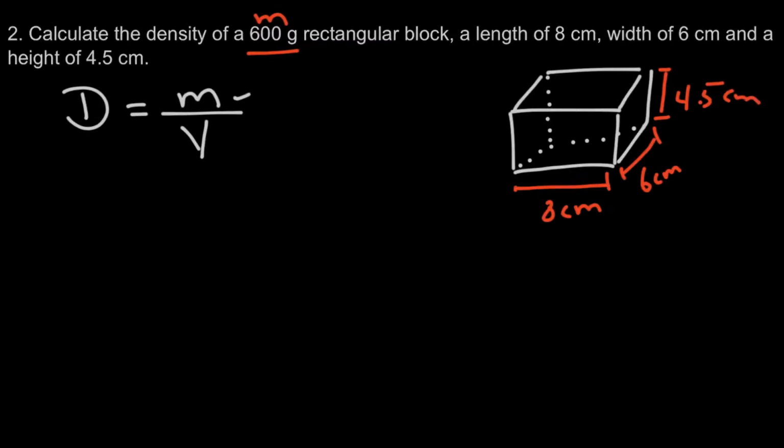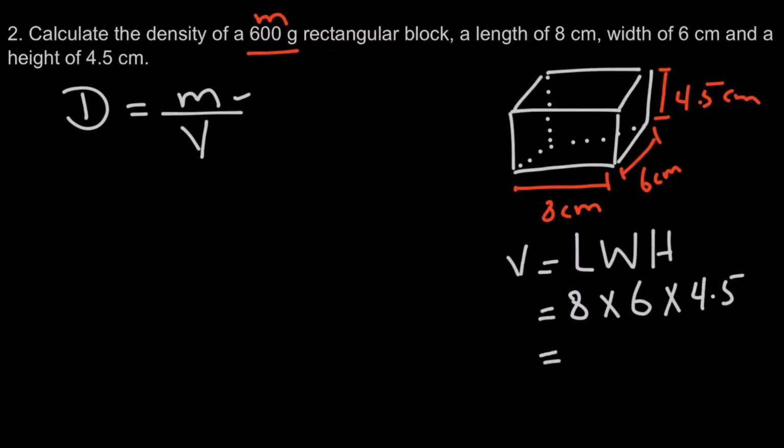So we use those measurements to find the volume. So V is going to equal the length times the width times the height. So it will be 8 times 6 times 4.5.